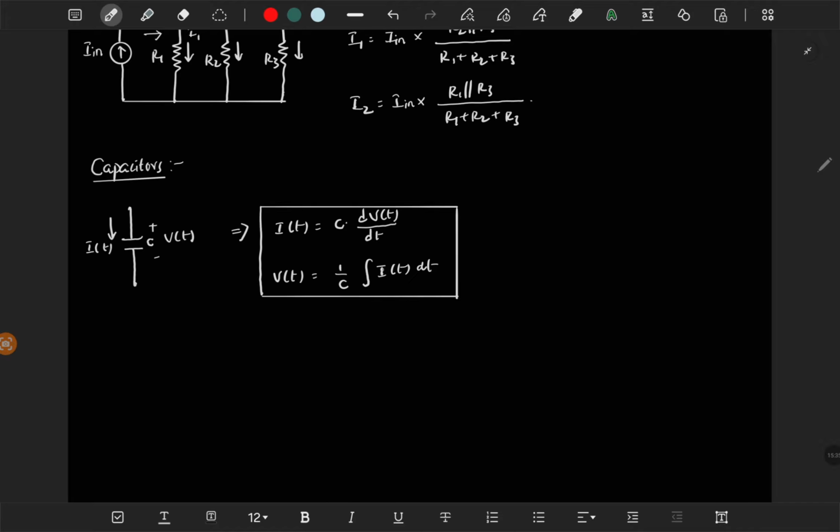If you are pumping some DC current, suppose some 5 amps, then the integral of a DC constant times dt. Let's say it's 5 amps of current and 5 farads of capacitance, then you will get V of t as the integral of dt is t, so it is 1 times t. Which means with respect to time, the voltage starts increasing.